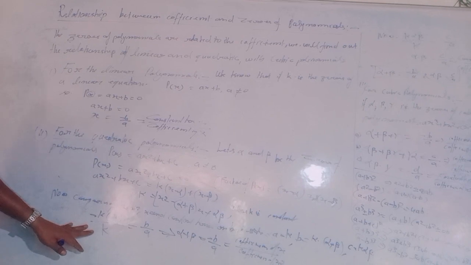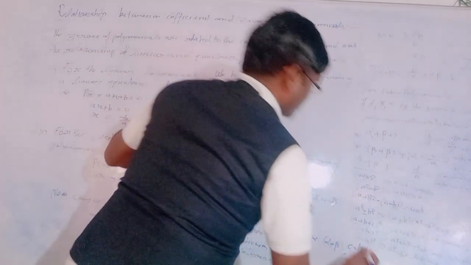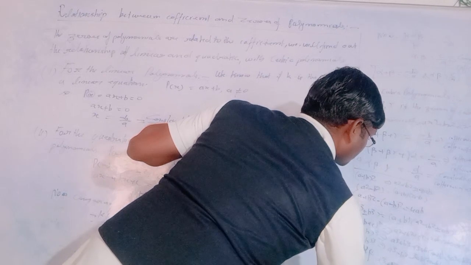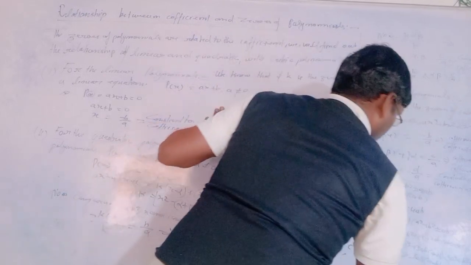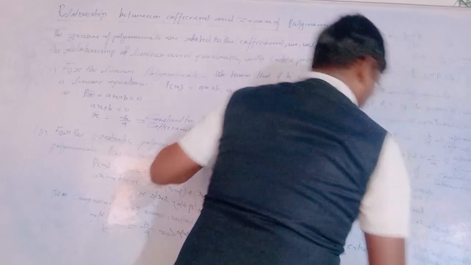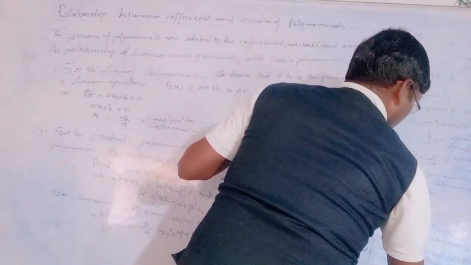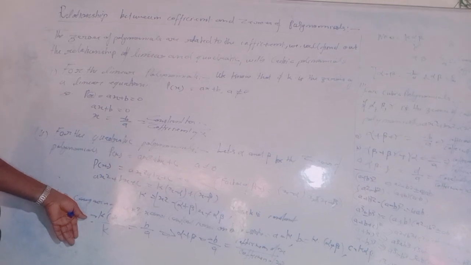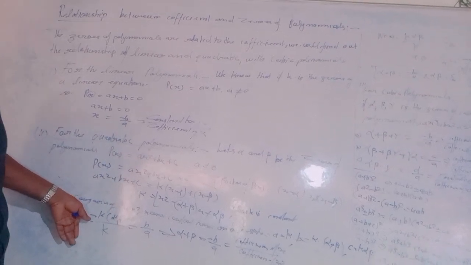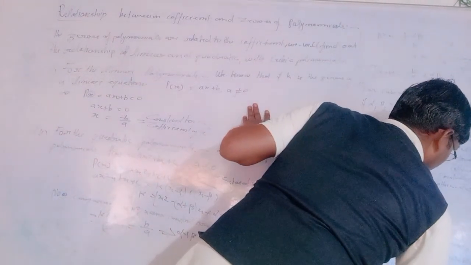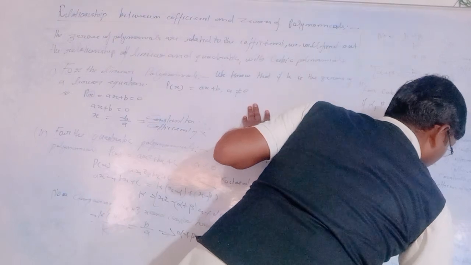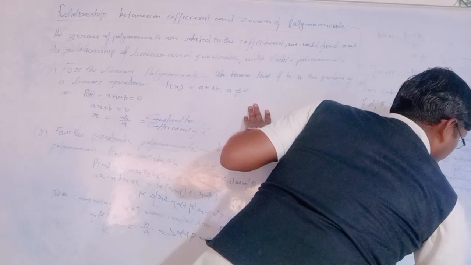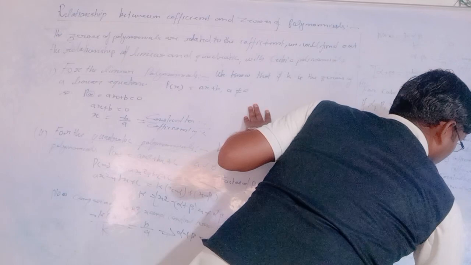Furthermore, we will take another: a cube plus b cube plus c cube minus 3abc is always equal to (a plus b plus c) times (a square plus b square plus c square minus ab minus bc minus ca).